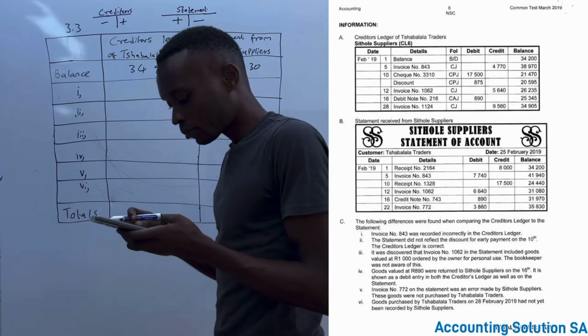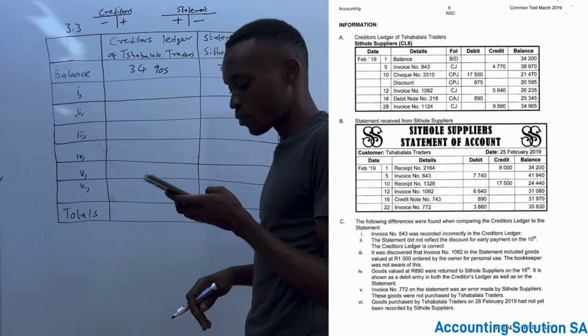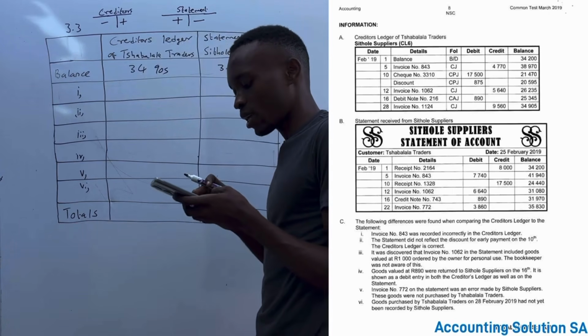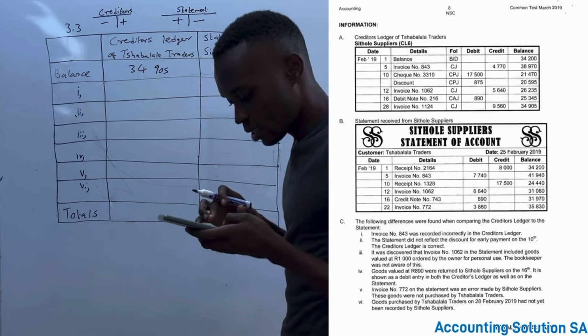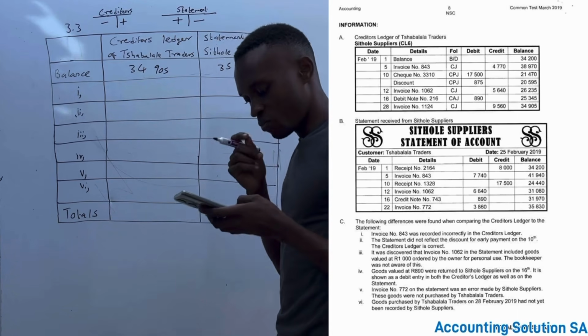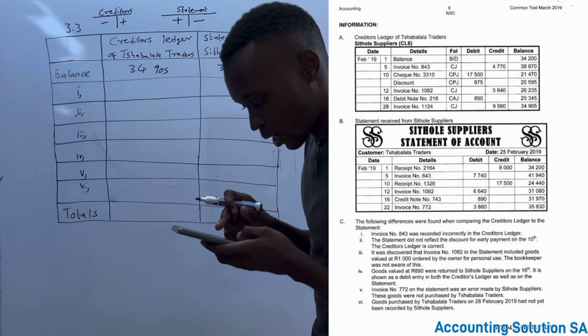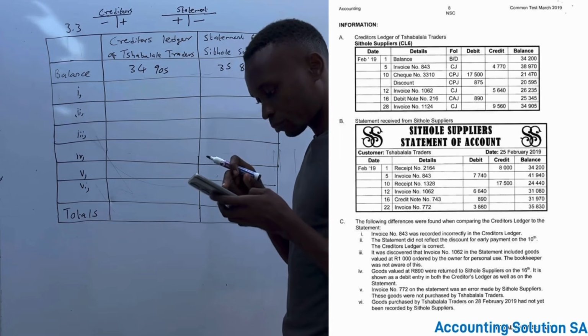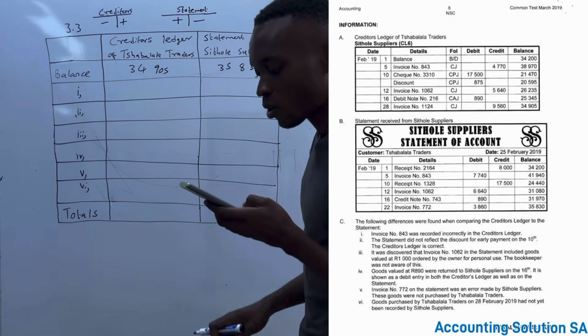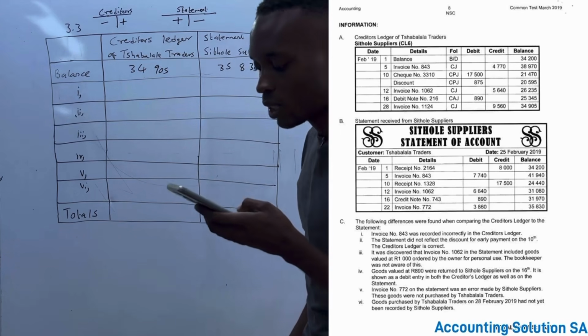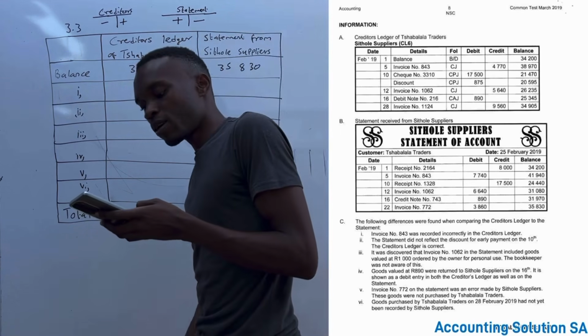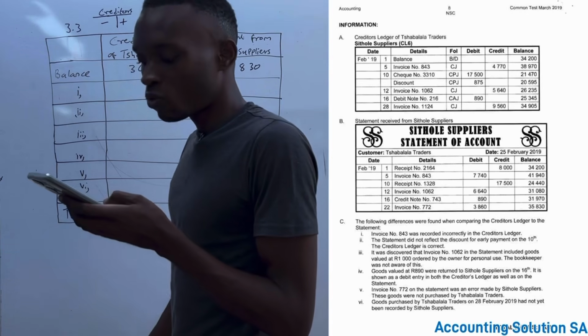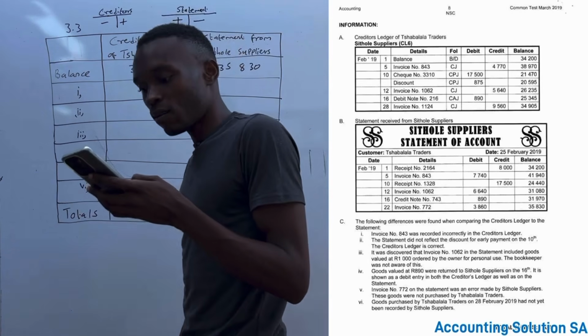Invoice 843 was recorded incorrectly in the creditors ledger. Let's check invoice 843. As you can see, it was recorded as 4,770, and on the statement it was supposed to be 7,740.